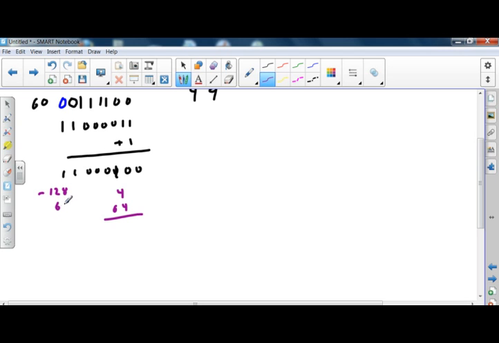Subtract 128 minus 76. So this number is representing minus 52 because the most significant bit is a negative number.